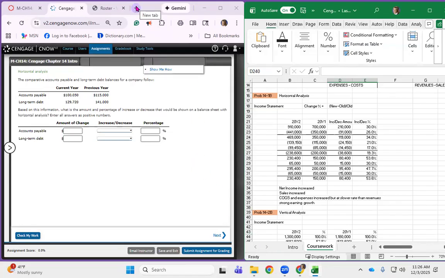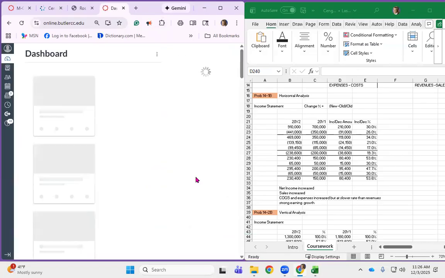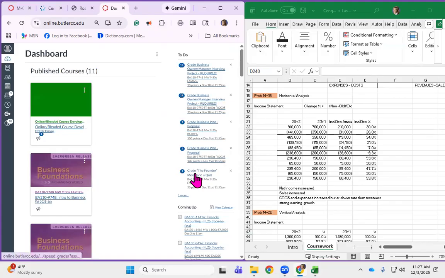It's looking at a financial statement and adding a little something to it so that you get more information. Once again, chapter 14 is called Financial Statement Analysis. And I hope I am recording. I want to make sure that I am. Yes, I am.